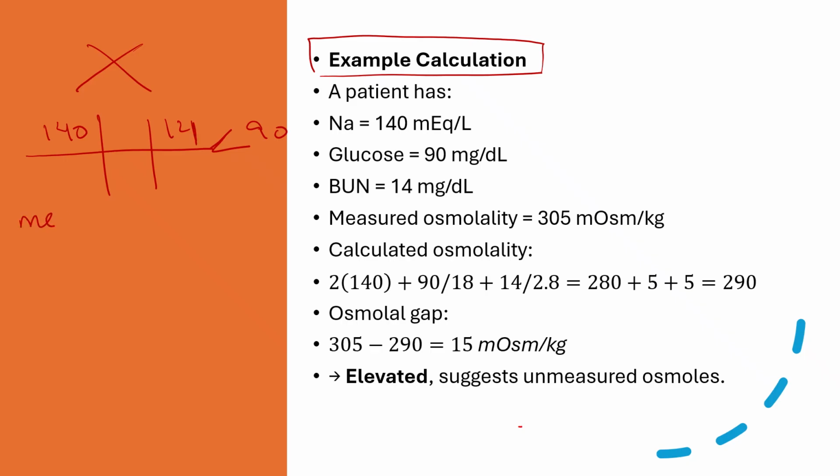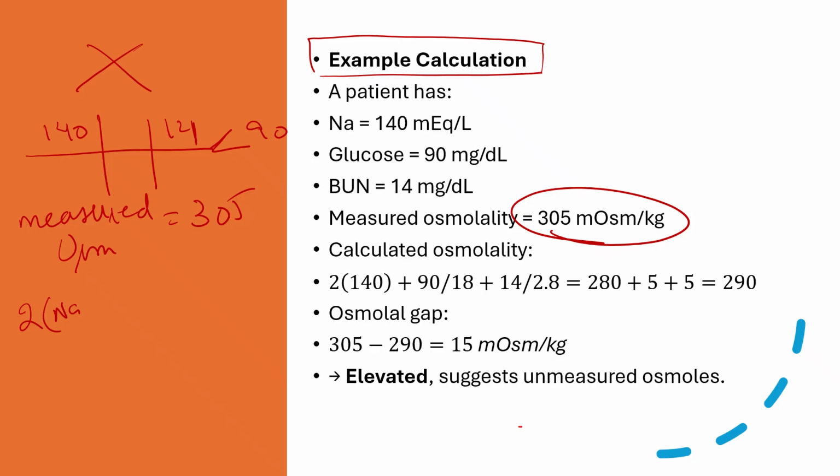You draw the blood and you measure the osmolality, which is 305 here, and then you calculate the osmolality yourself with the formula. It's 2 times sodium plus glucose over 18 plus BUN over 2.8.